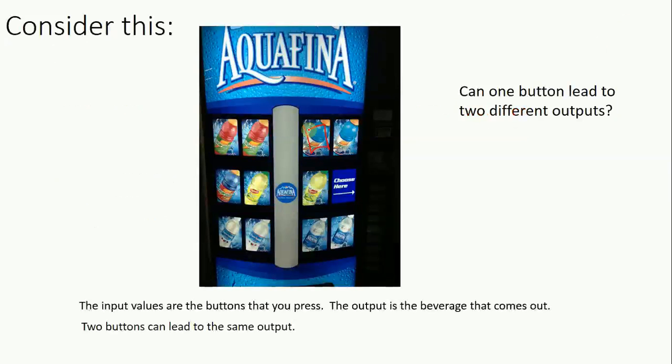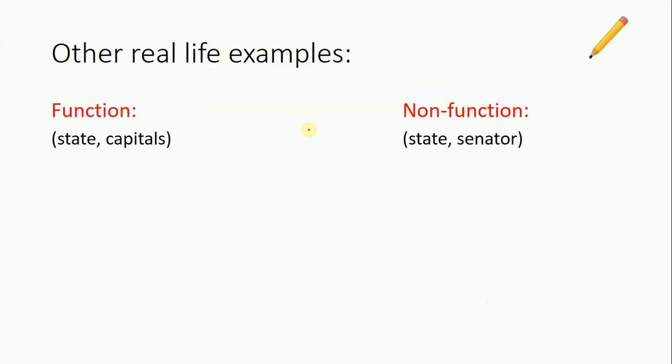That's a broken pop machine. If I push the blue button and you press the blue button, we should both get the same beverage, the same output. That means that this is a function, because if I press a button, I will get the same output each time.